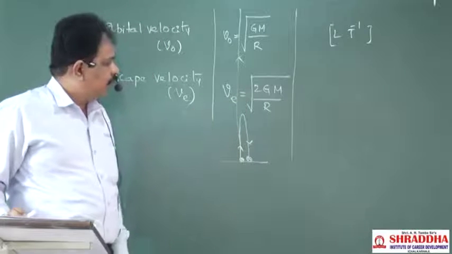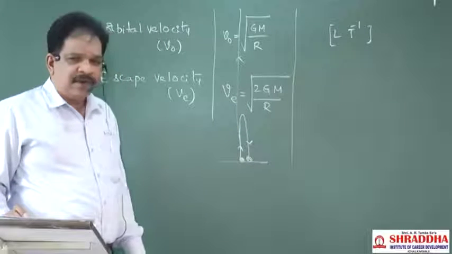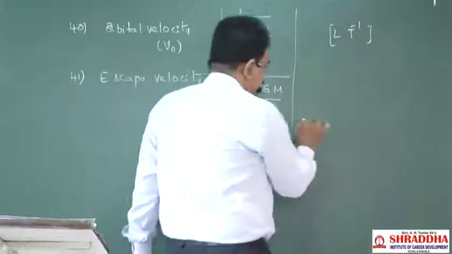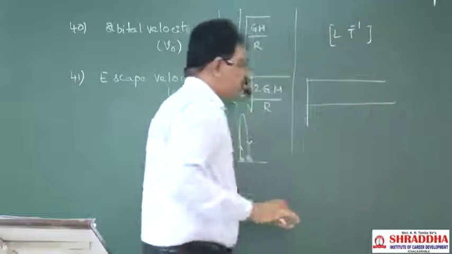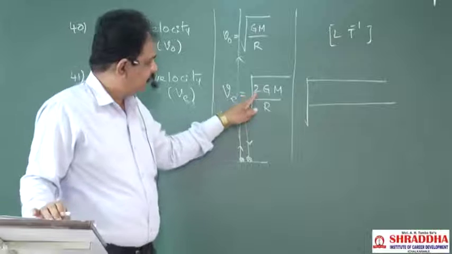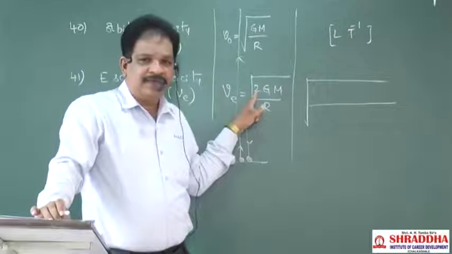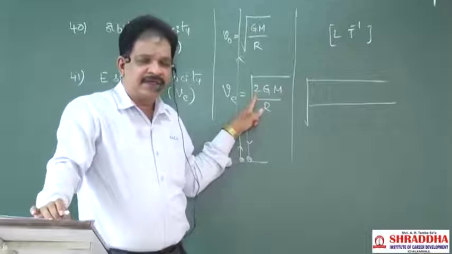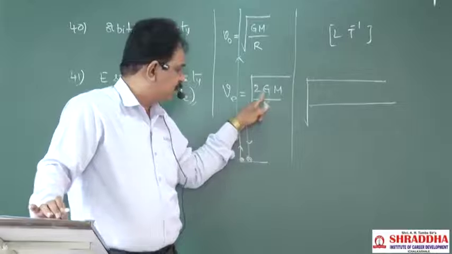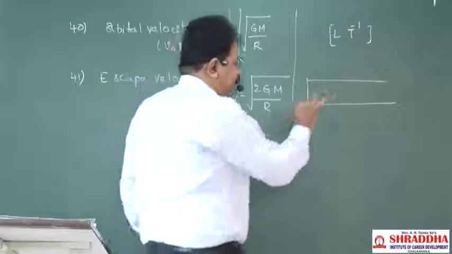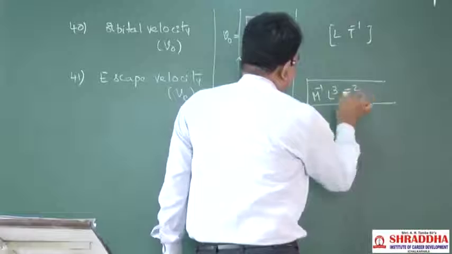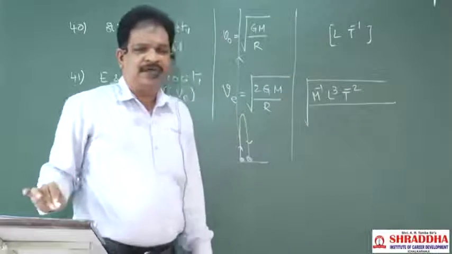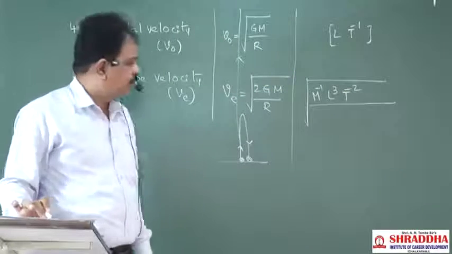So in this formula, if we substitute, what will we get to see? Square root of, 2 is a constant. It does not have any dimensions. Constants don't have any dimensions. G, universal gravitational constant, M power minus 1 L cube T power minus 2.